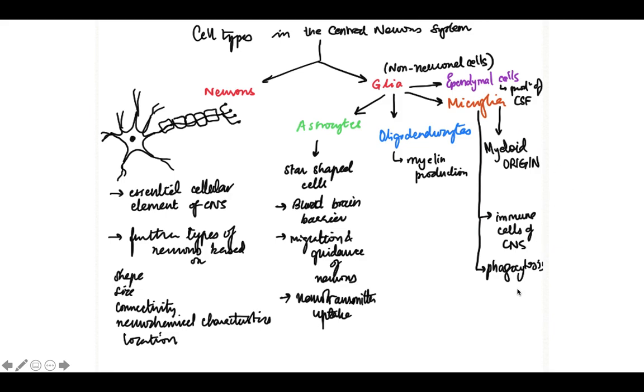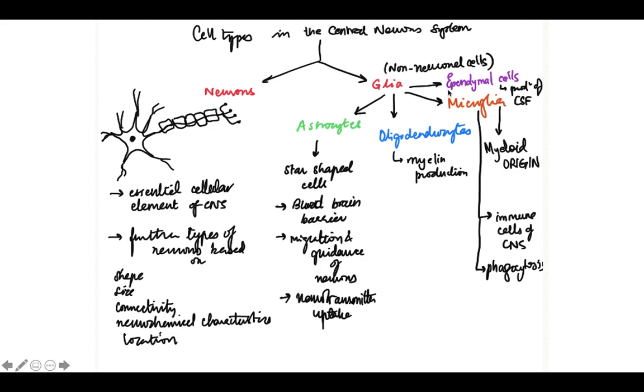They help in phagocytosis, and it has been shown that these cells get activated in pathological conditions. It could be chronic pain. It is also in Alzheimer's, in several other pathological conditions, also depression.